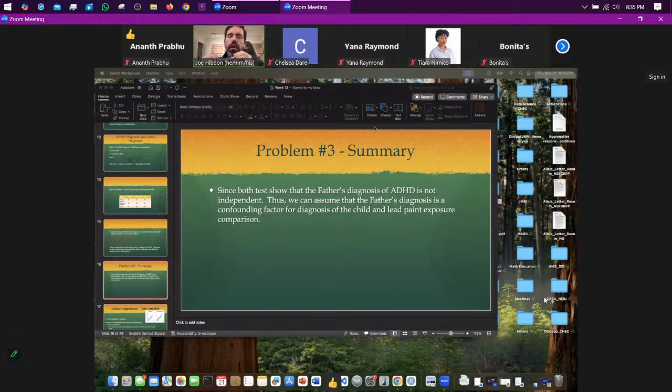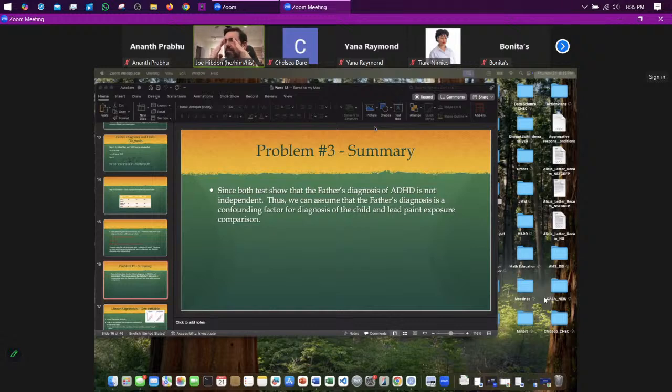So since both tests show that the father's diagnosis of ADHD is not independent, we can assume that the father's diagnosis is a confounding factor for the diagnosis of the child and lead paint exposure comparison. Remember, we had a test: is the father's diagnosis statistically significant to lead exposure and to the child's exposure?